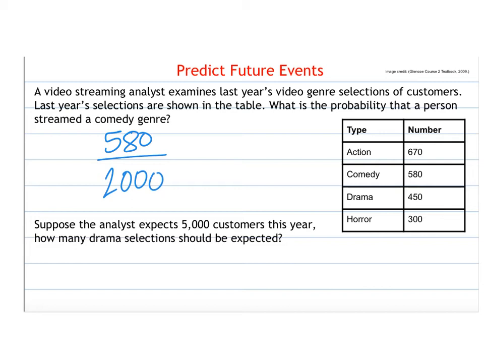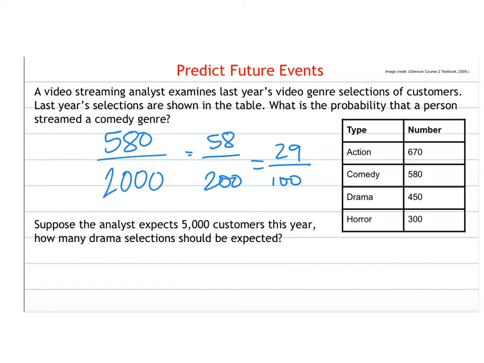We could divide it by 10, which would make it 58 out of 200. And then, I know they're both even, so we could divide them by 2 again. 58 divided by 2 is 29 over 100.